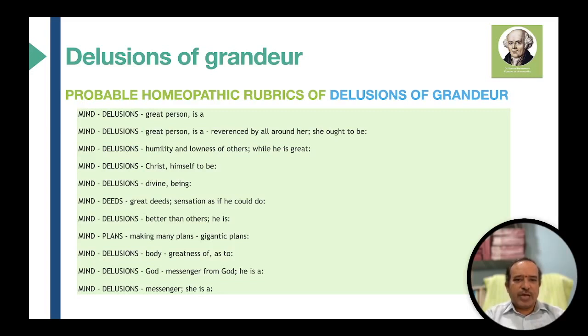Delusions, divine being, sensation as if he could do great deeds. Delusions, he is better than others. Delusions, greatness as to body and mind in plants, gigantic plants. Delusions, messenger from God, he is. Delusions, she is a messenger.